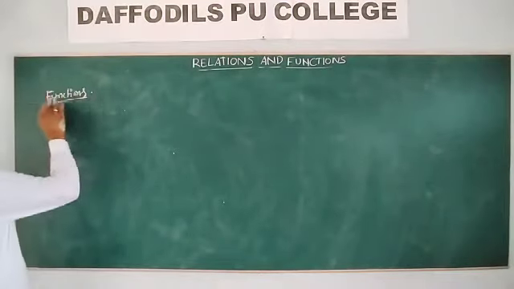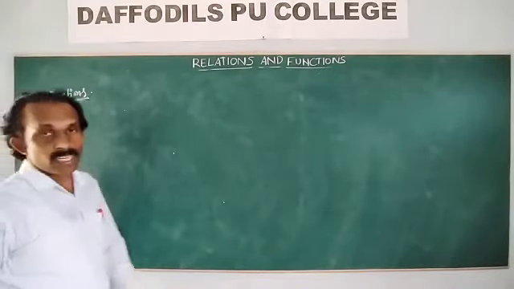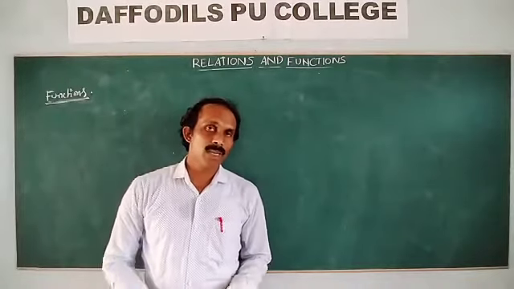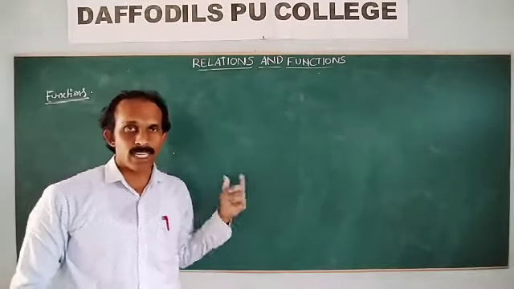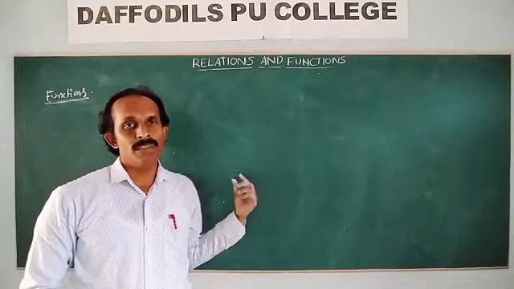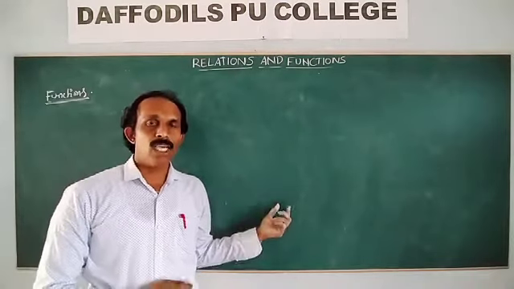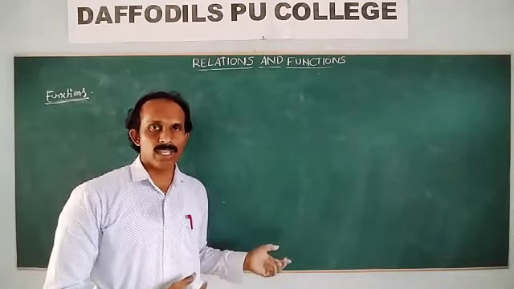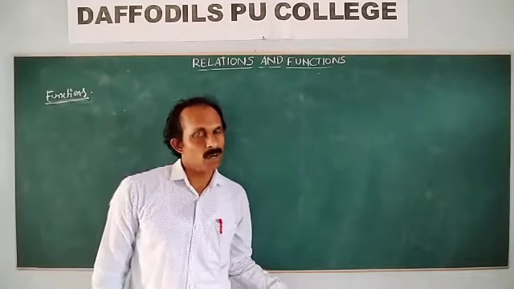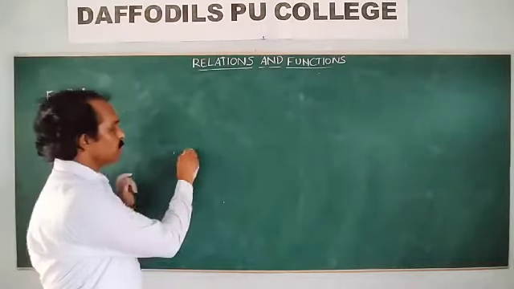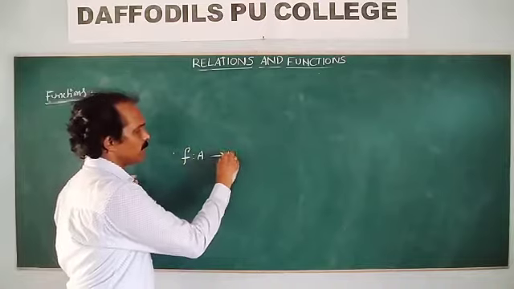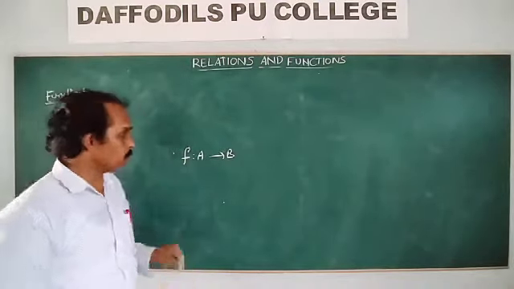Once again, I will explain what a function is. A relation from a non-empty set A to a non-empty set B is said to be a function if every element of A is associated with a unique element in B. Okay, and set A is called the domain, and set B is called the codomain.